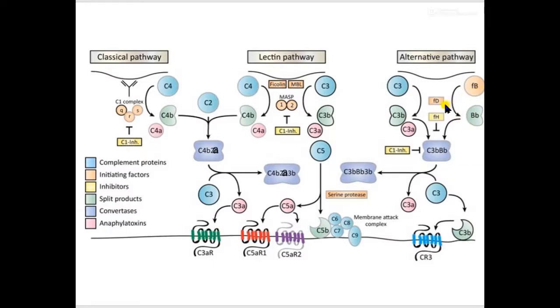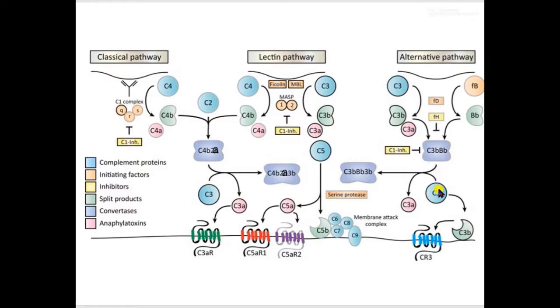Factor B is being split by factor D, okay, and that will get converted into Bb, and you get the C3bB, capital letter B, small letter b. These components will be formed, and after that this combines with the C3. The C3 component is already there, okay.